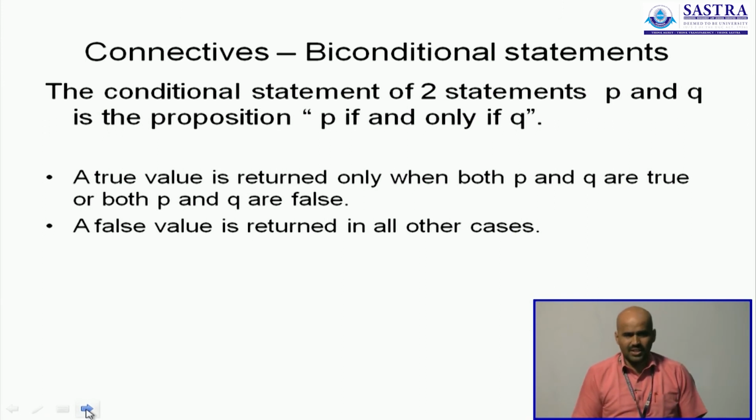The last of the connectives that we will discuss is a biconditional statement. Now you might have guessed what is going to happen. It's a biconditional statement, as in it's a conditional in both ways.